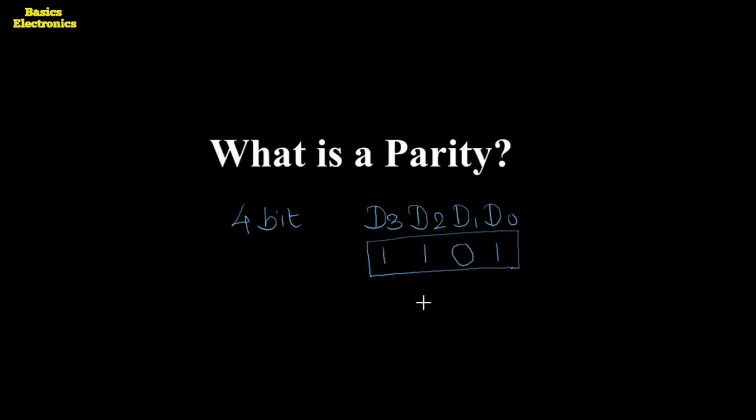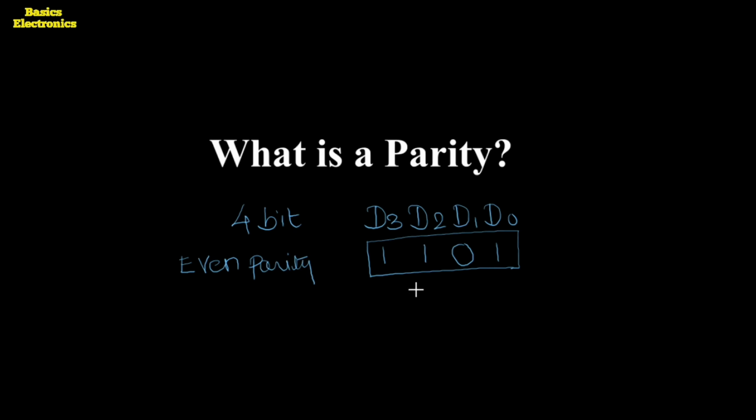The number of ones available in the input data or input word, that we call the parity. Okay, so when the number of ones is even, then we can say the input data has even parity.